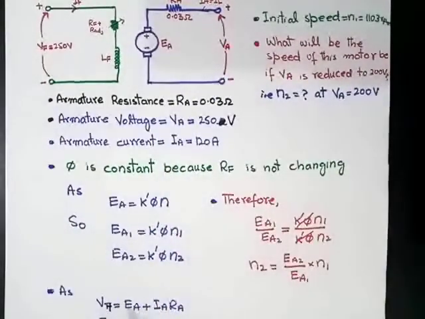It means VA will be equal to EA plus IA into RA, and the value of EA1 will be equal to VA1 minus IA1 into RA.